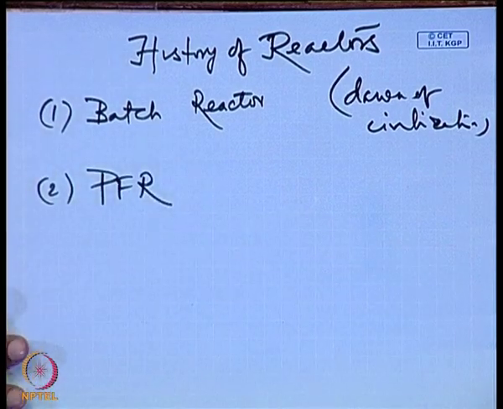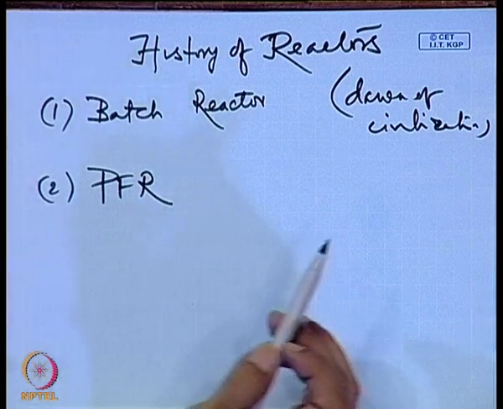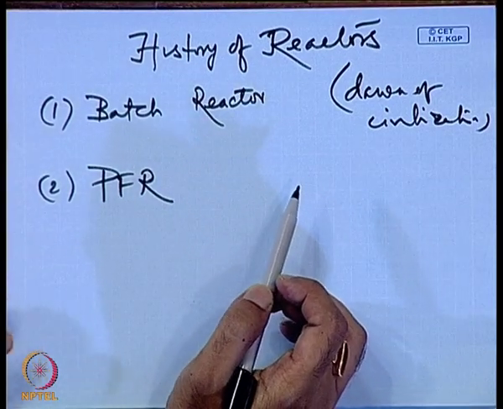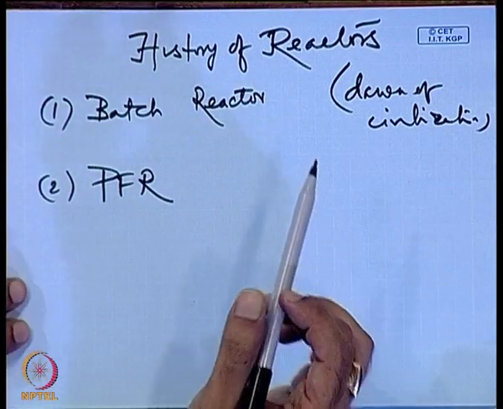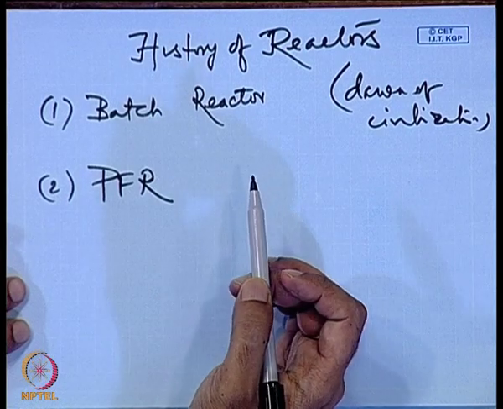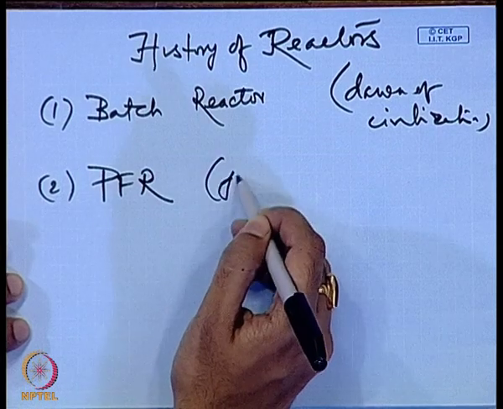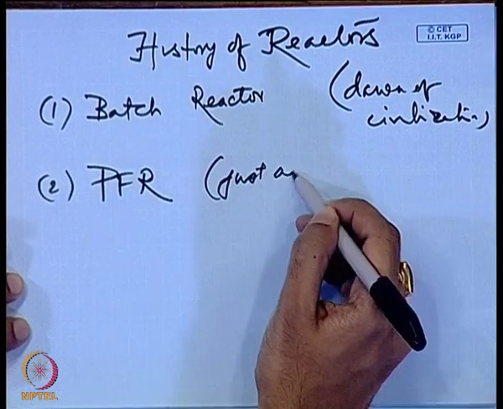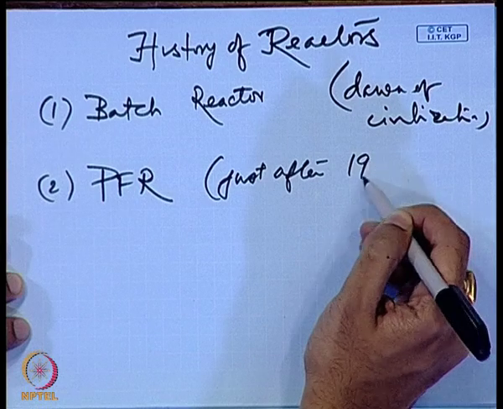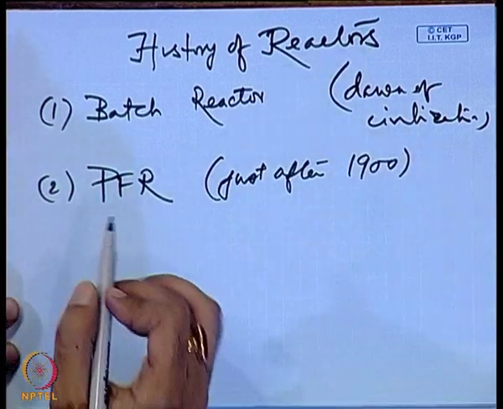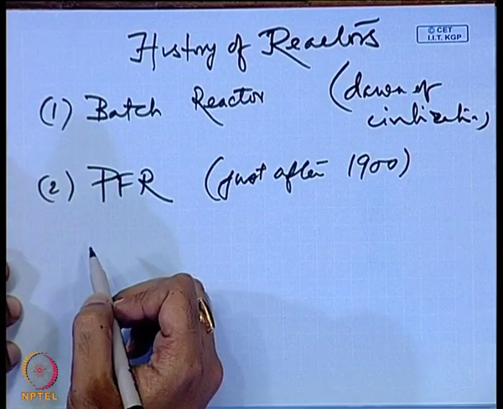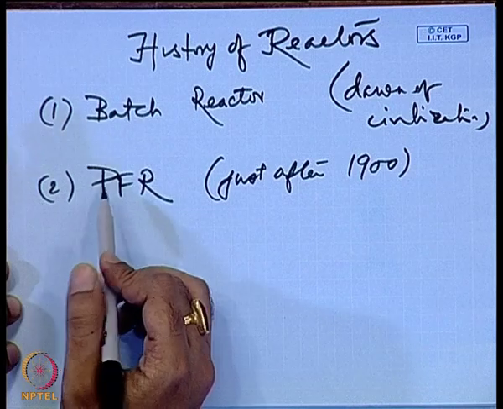This is how we'll refer to it, plug flow reactor. This was developed in the early years of the 20th century, just after 1900. I think 1905 or something like that.